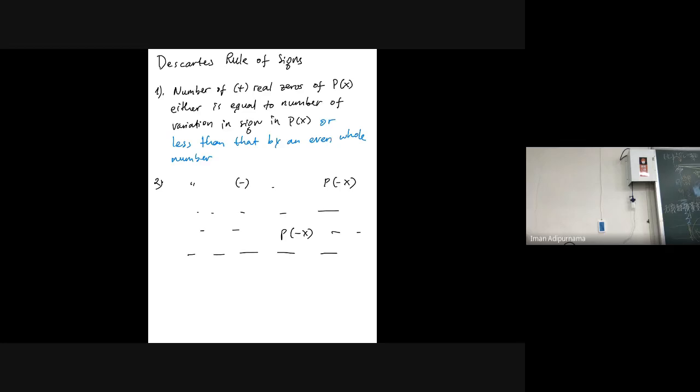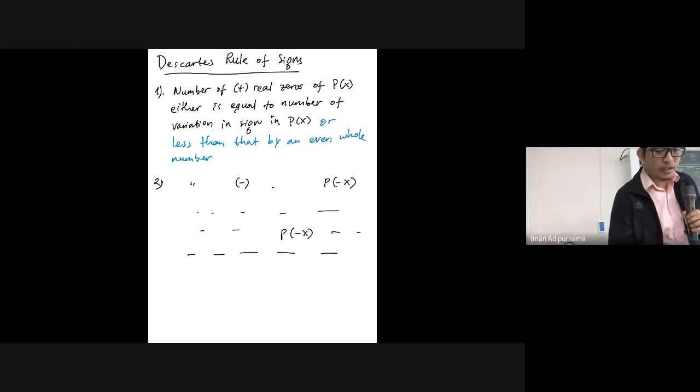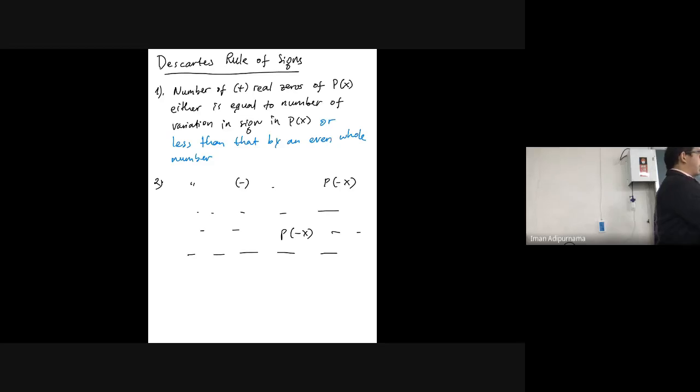How to do this rule of signs? Signs means just positive, negative. You have, like, x squared plus 2x minus 1, right? You have the positive sign and negative sign. So for example, let me give you one.